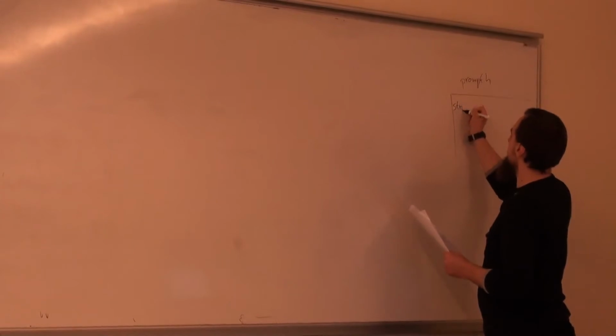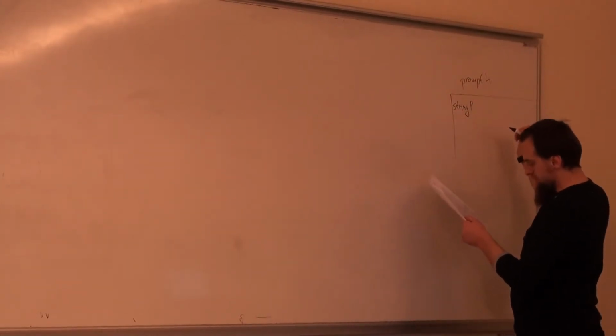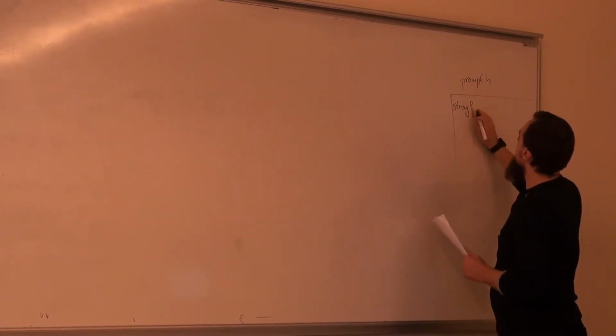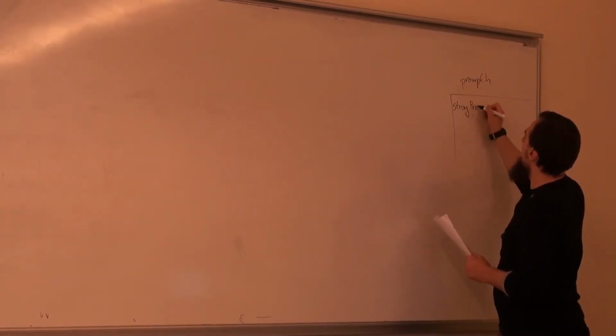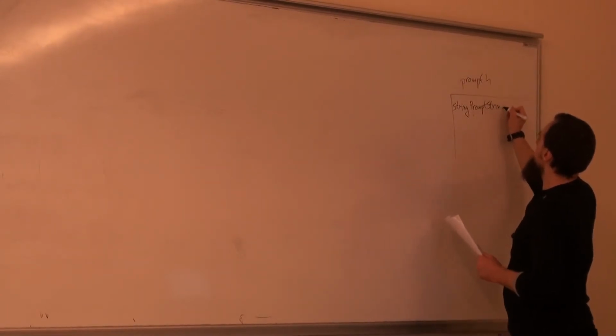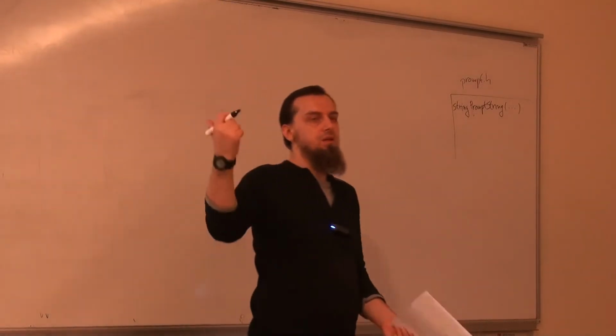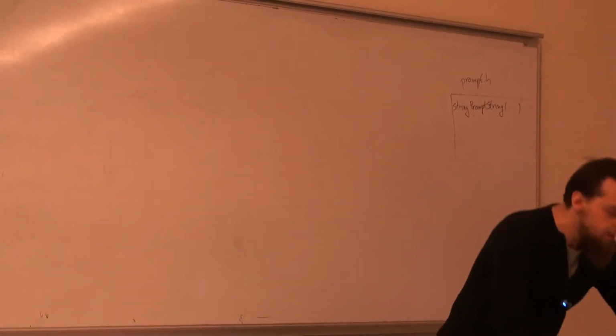It returns a string. Its name is prompt string. As a parameter, as you can see, it takes a reference, a constant reference to a string. Basically, this string here is the following stuff.